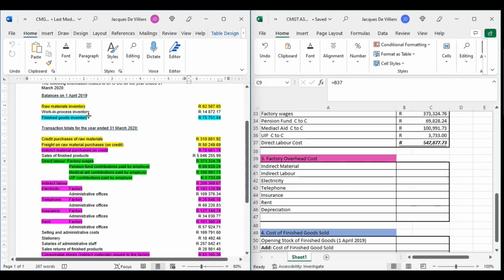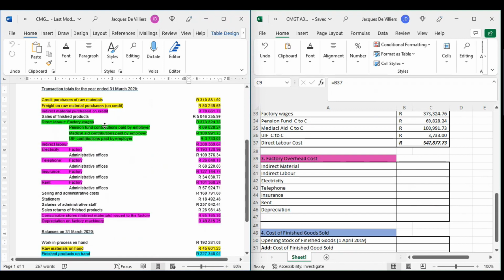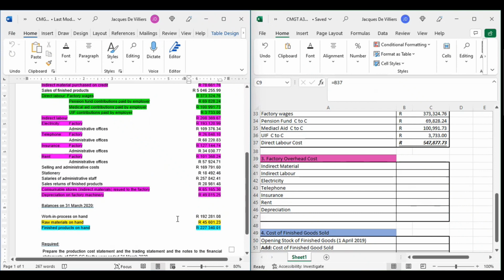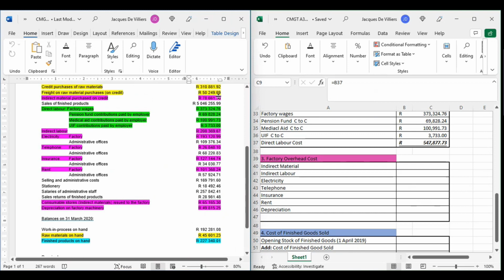That is because at the beginning of the financial year, we had used up all our indirect material. So basically what we have is only what we bought and what is left. But they do not tell us what is left. They tell us what was issued to the factory. If you take what was purchased during the year and subtract what was issued to the factory, you will see what we have in store, even though it's not given.